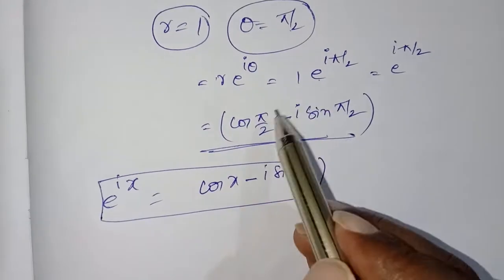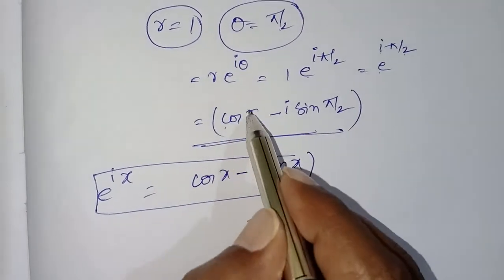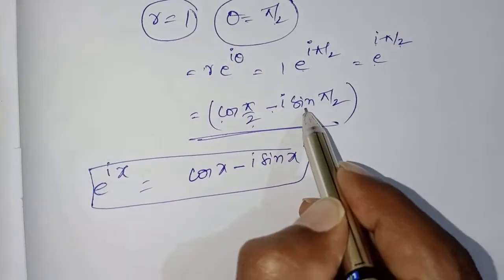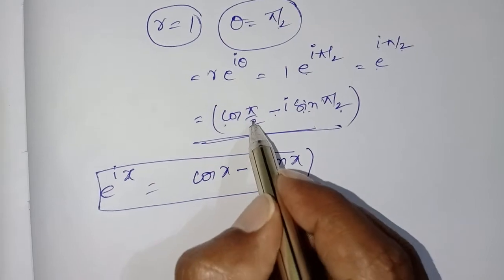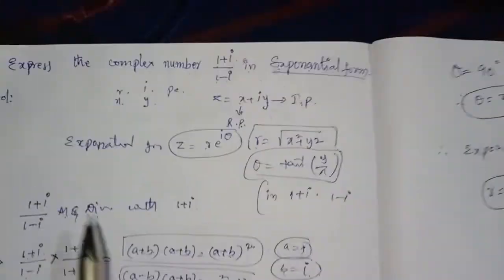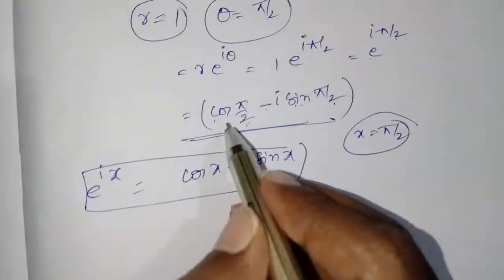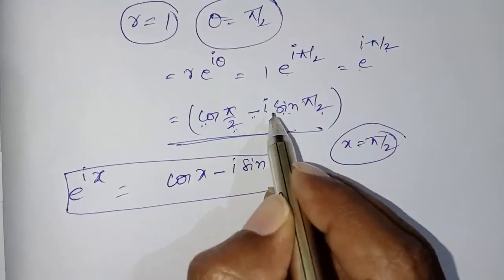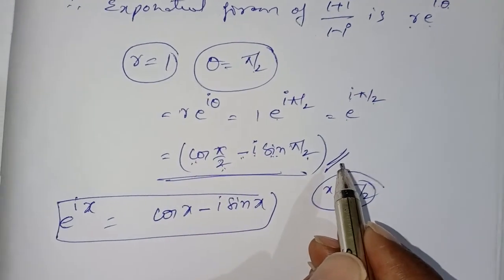So here we have e to the power of i into pi by 2, so cos pi by 2 minus i into sin pi by 2, where x is equal to pi by 2. So (1 + i) by (1 − i) in complex form is cos of pi by 2 minus i sin pi by 2.